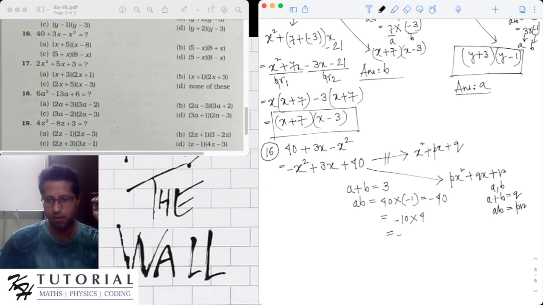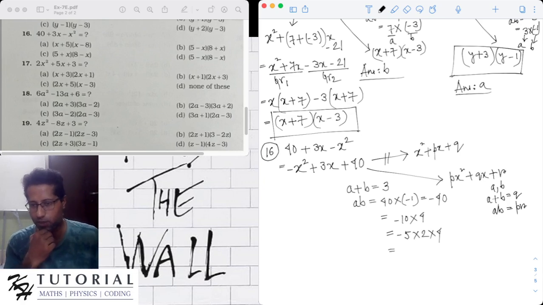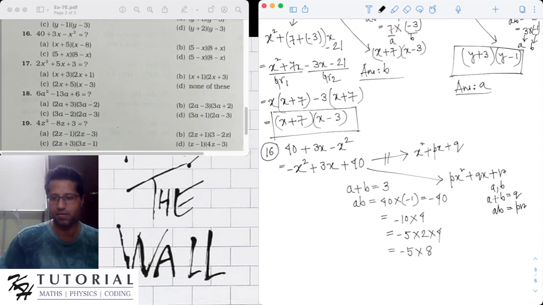So we have minus 5 into 2 into 4. Now how can we create two factors so that their product is ab and their sum is a plus b? I can clearly see that if I take minus 5 multiplied by 8, then 8 plus minus 5 is 3, and of course 8 multiplied by minus 5 is minus 40.